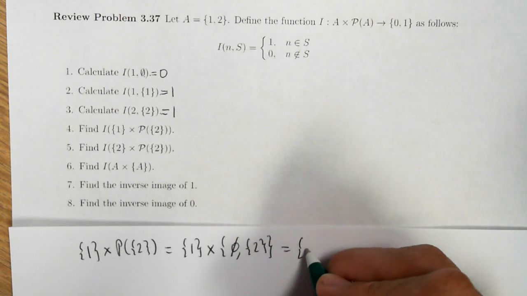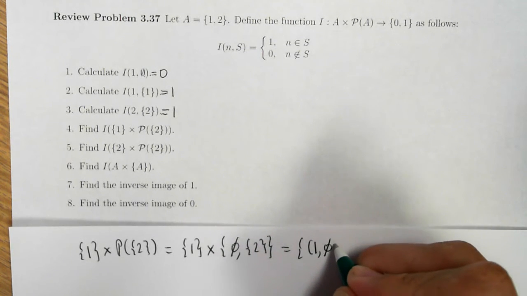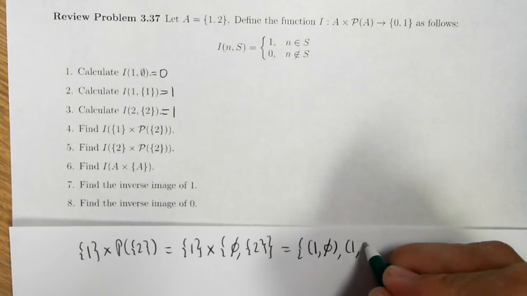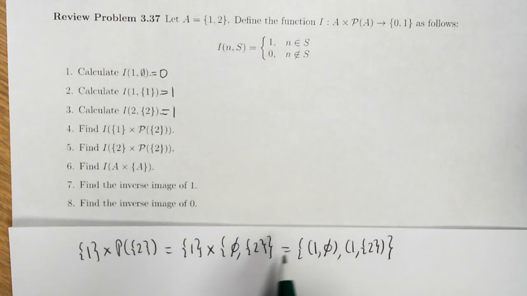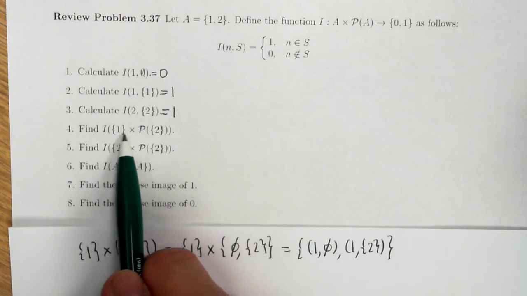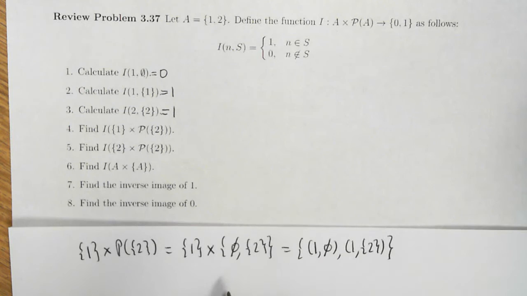So here are my ordered pairs. I could have 1 and the empty set, and 1 and the set containing 2. So this Cartesian product here has 2 elements.